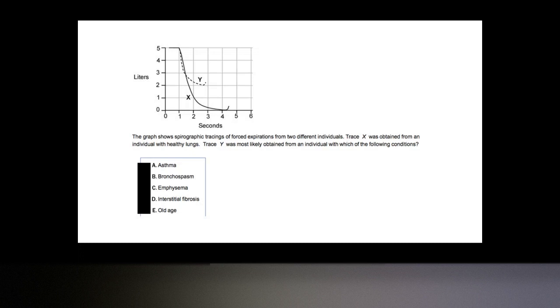So in case of restrictive disease, it doesn't change the peak expiratory flow, PEF. So what do you think is the final answer then? My answer is A, B, C, and I'm not sure about E, old age. But ABC. Yes.